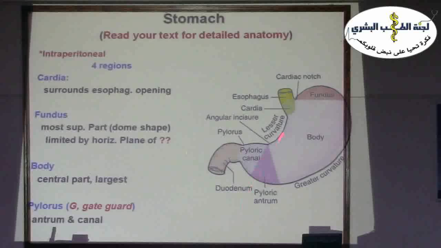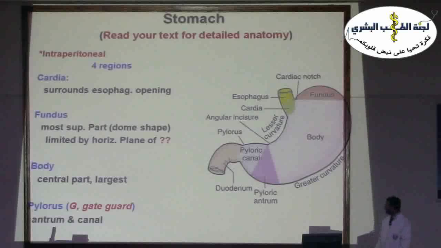Okay? So again, cardia, fundus, body, pylorus. The guard of the gate, it's subdivided into antrum, entrance, canal, and sphincter, the pyloric sphincter. Okay? After the pyloric sphincter, we will get into the small intestine.